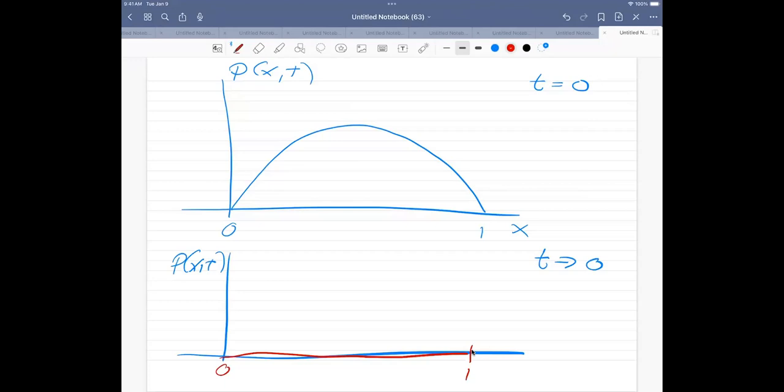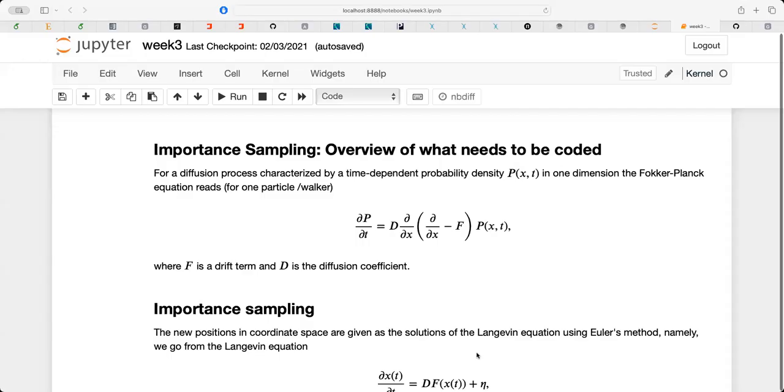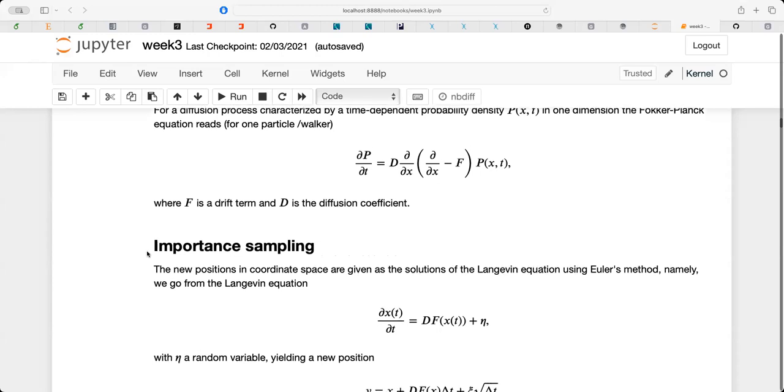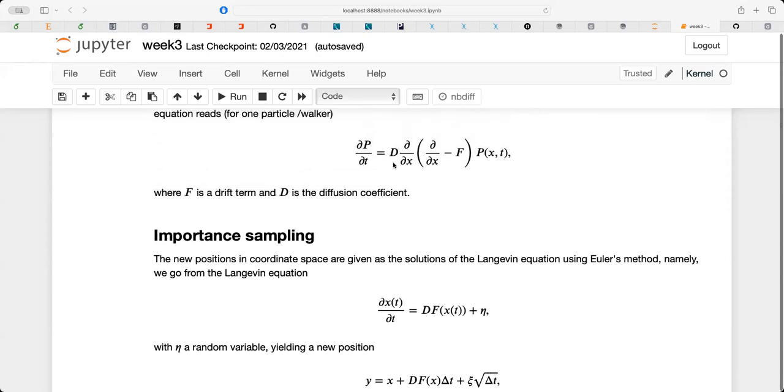Okay, let's go back a little bit to the Jupyter notebook. What we are going to do is simulate, with this equation, a minimal form of the so-called force here.